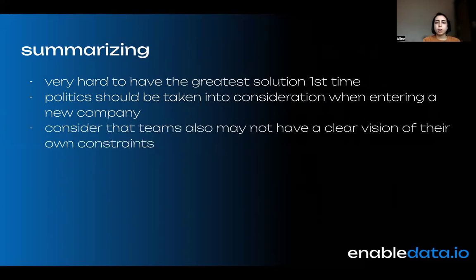Consider that teams may not have a clear vision of their own constraints, because they had said to me that it was feasible, but they did not prioritize it. So it's important to have that in mind and provide a bit of value, then provide more.